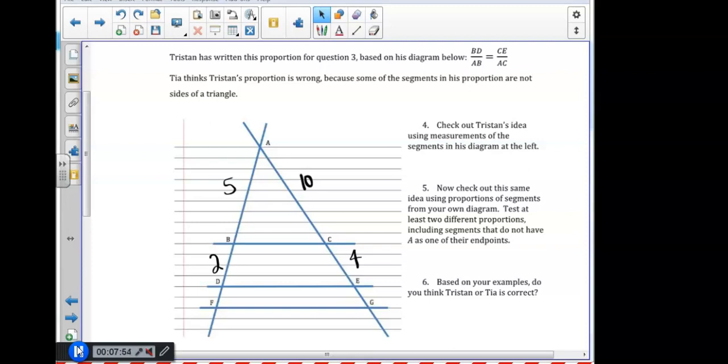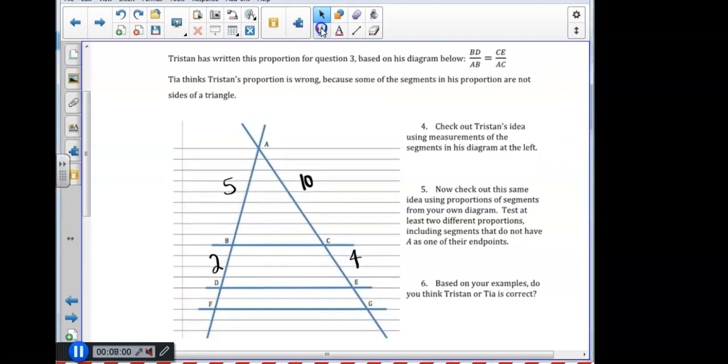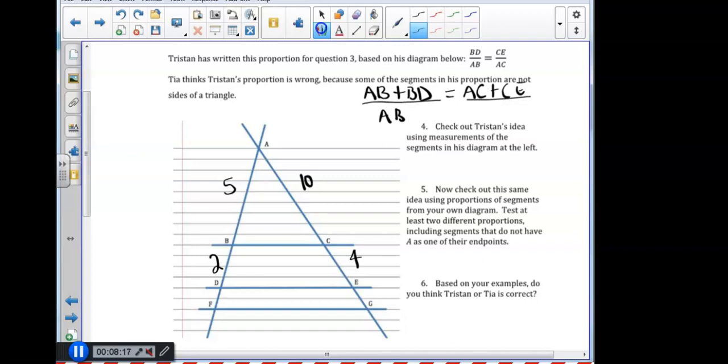So in the previous example, AB plus BD, so in this case, AB is 5. Let's write it out first. AB plus BD divided by AB should equal AC plus CE divided by AC. So let's plug in the numbers that we have.